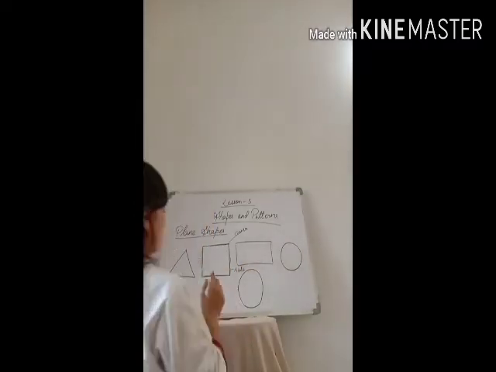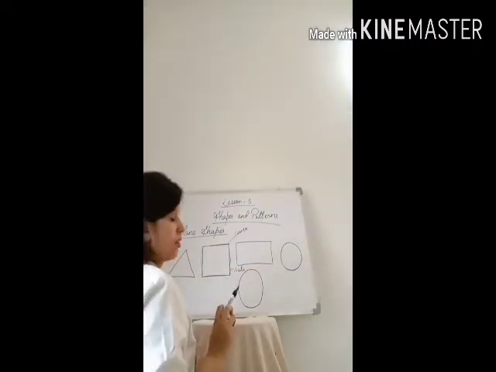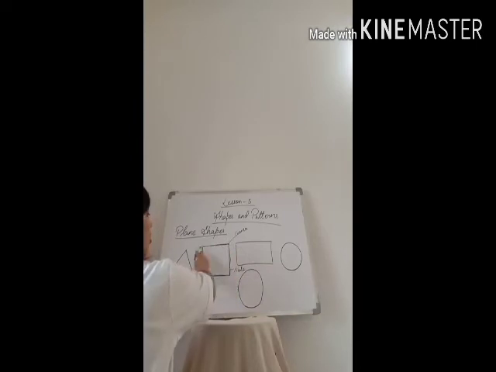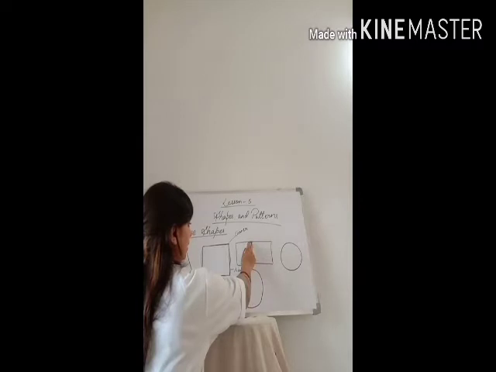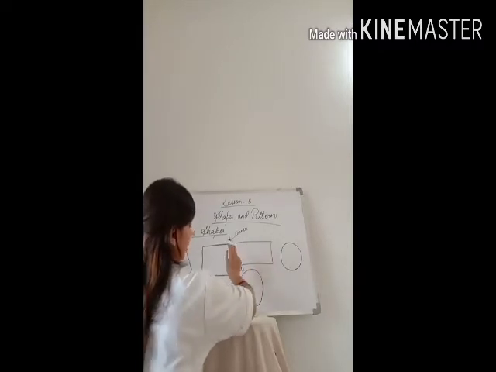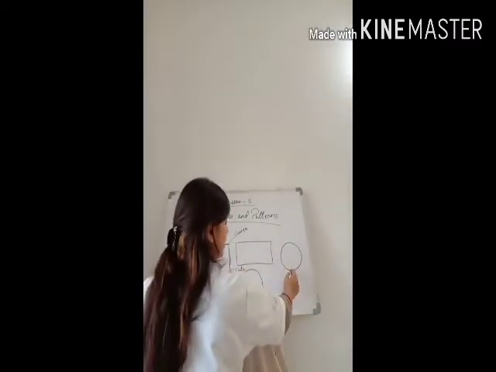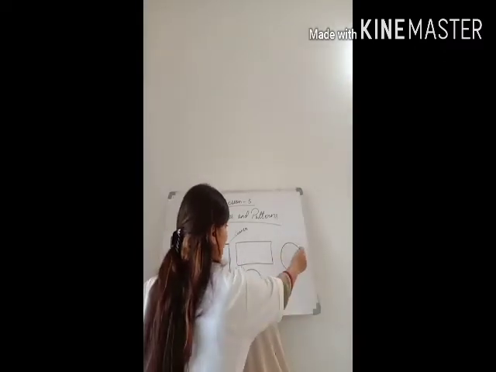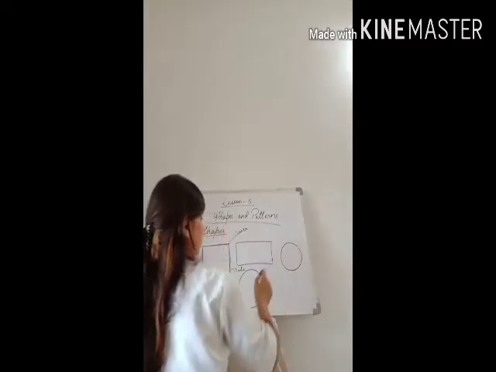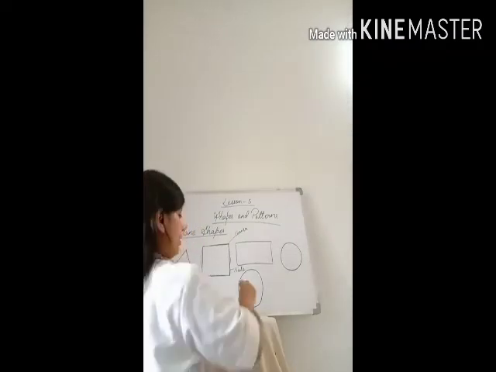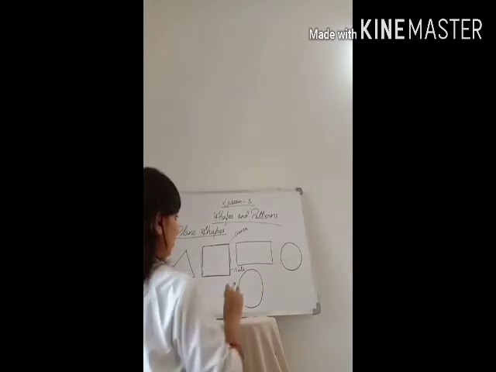But square and rectangle are different, because in a square all four sides are equal, but in a rectangle only opposite sides are equal. A circle doesn't have any side or any corner. An oval also doesn't have any side or any corner.